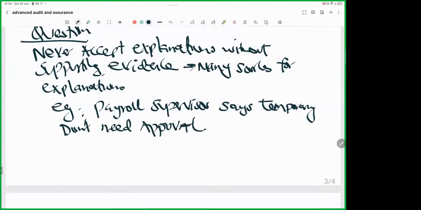So what the auditor should do is verify this rather than simply believing it.